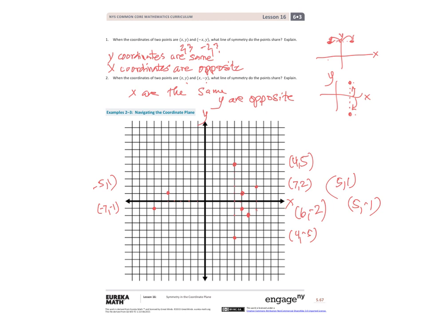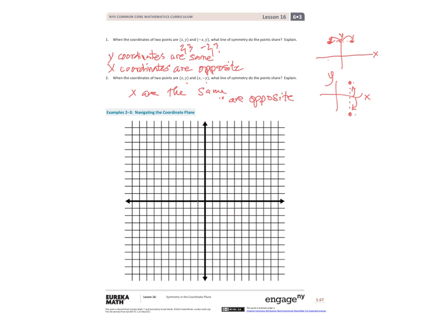describe how to navigate this coordinate plane. I wonder if I should erase this stuff. If I erase all this, and then I think we're doing one more activity.